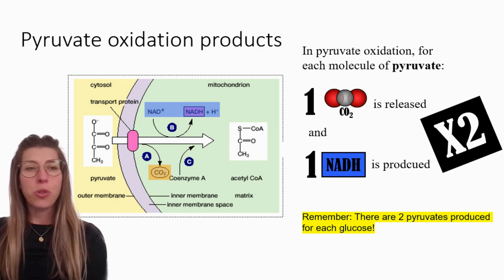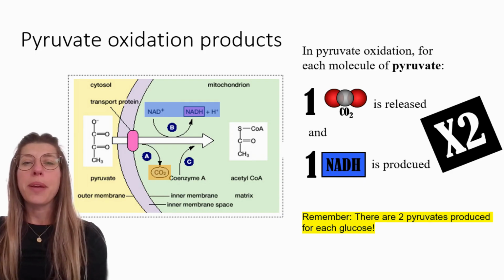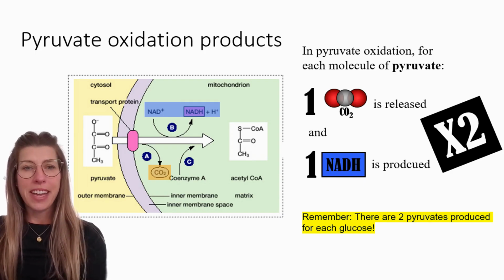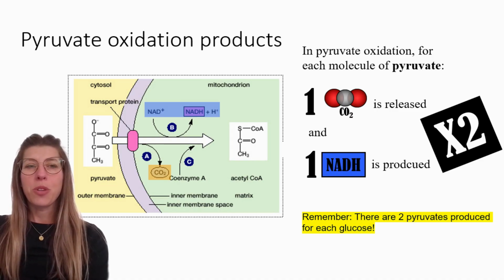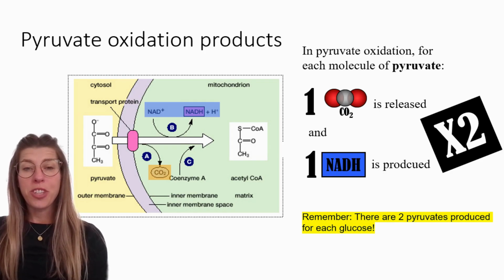And also, when NAD picks up an electron, NADH is produced, which we know is a high energy molecule, which is also awesome. So with 1 pyruvate, you get 1 CO2, 1 NADH that's produced, and you multiply that by 2 because there are 2 pyruvates that are doing this, okay?